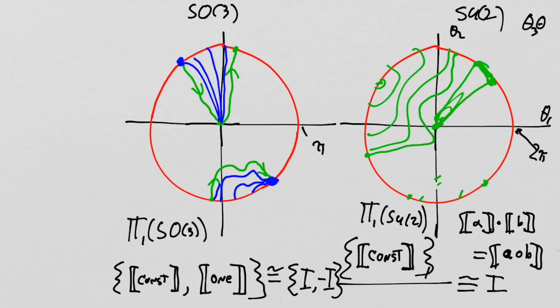So meaning that if I take the equivalence class of paths that have one intersection, and then I multiply that by itself, meaning I do one path followed by another path, so the group operation of one path with one intersection times the same element, I get the constant path equivalence class back.